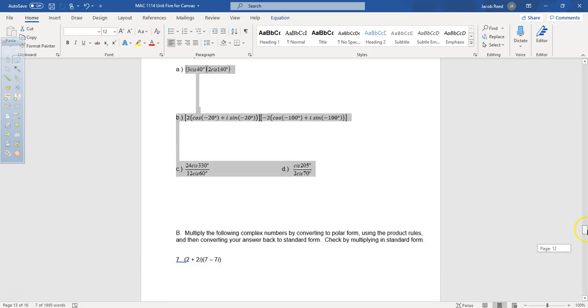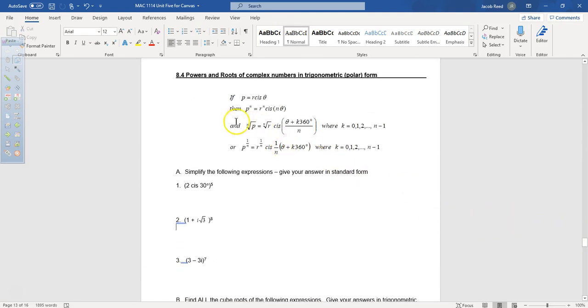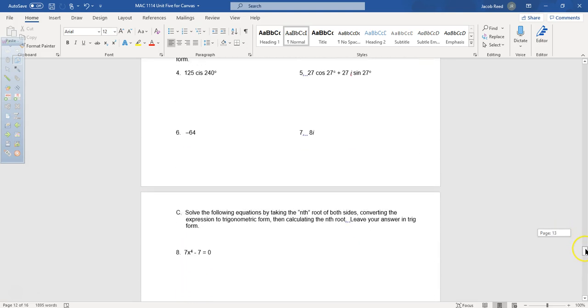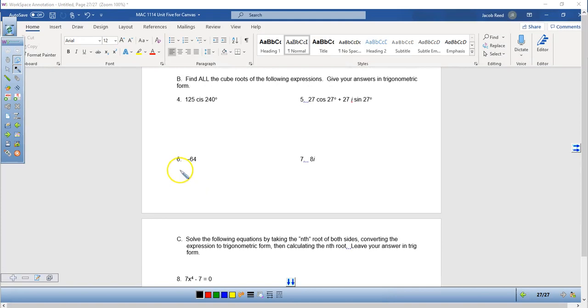Now, that means we're going to be using the second formula up here, which means if I take the cube root, or the nth root, of r cosine plus i sine, the angle is theta plus k times 360 over n, whatever that index is. So let's look and see what that means with an example. I'm finding cube roots, which means n is going to be the number 3. My index is 3.